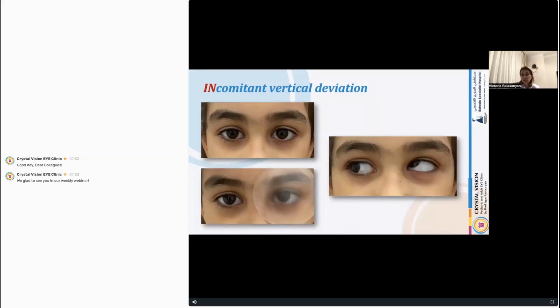When looking straight ahead, we also observe vertical deviation that increases with provocation using the cover test. But how can we determine which specific vertical muscle is involved and to what extent?